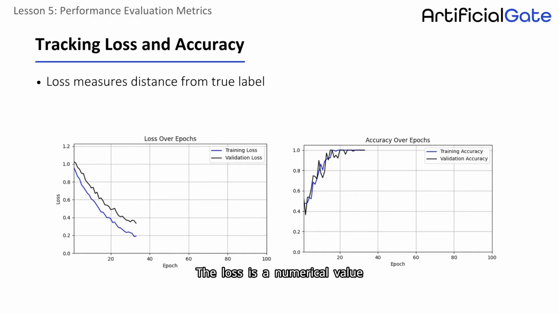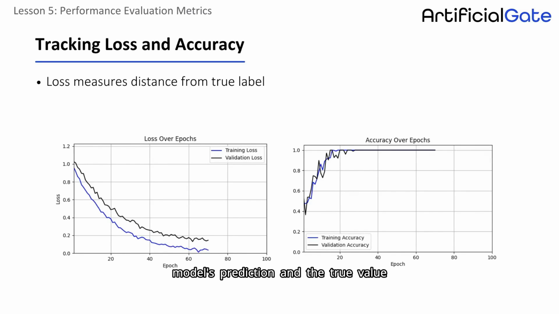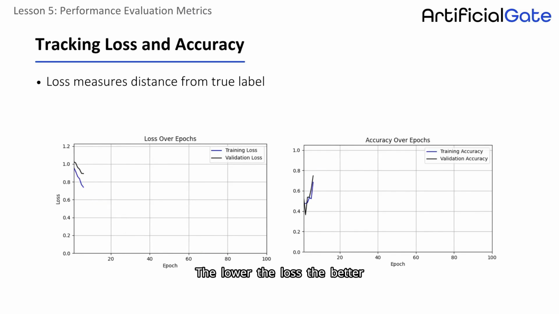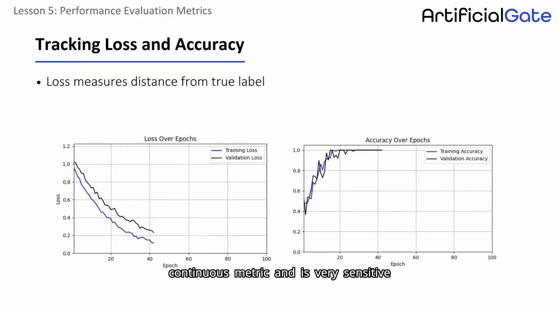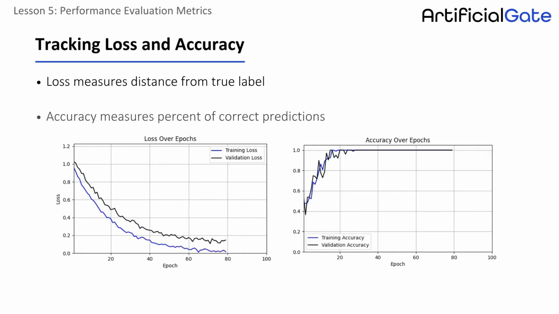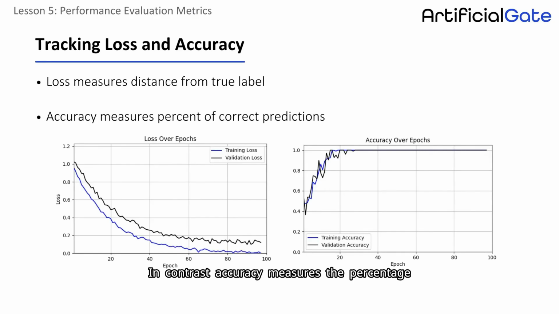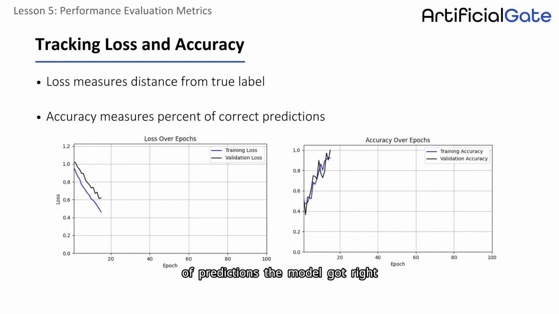The loss is a numerical value that measures the distance between the model's prediction and the true value. The lower the loss, the better the prediction. Note that the loss is a continuous metric and is very sensitive to large errors. In contrast, accuracy measures the percentage of predictions the model got right.